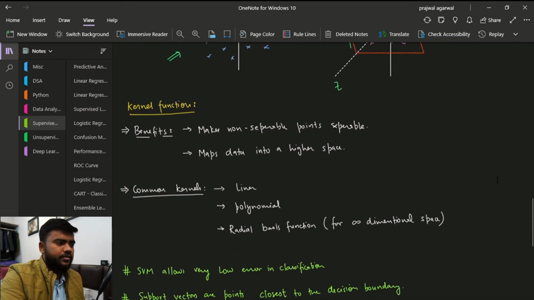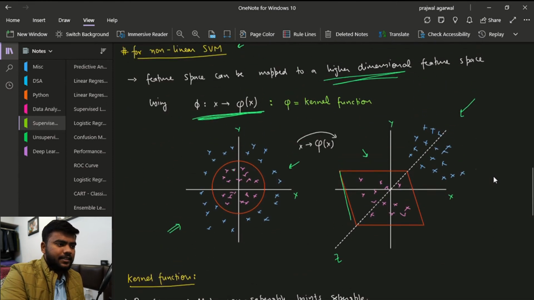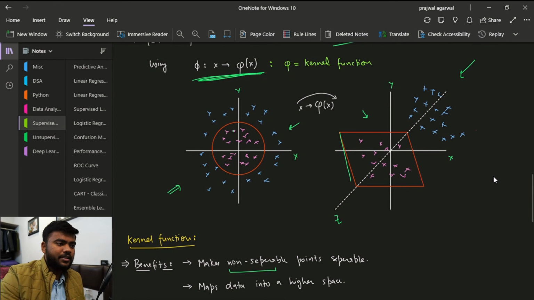So what is a kernel function? What are the benefits of using a kernel function? It makes non-separable points separable. Right now it may look like a circle could have solved the problem, but this is a very hypothetical case that I built for the sake of explaining the concept.